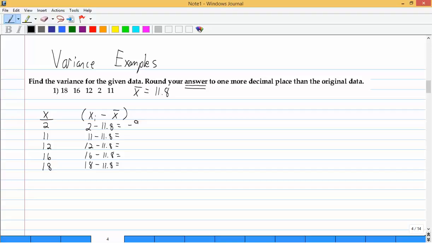That's going to be negative 9.8, then that's going to be negative 0.8, that's going to be positive 0.2, that's going to be 4.2, and that's going to be 6.2.